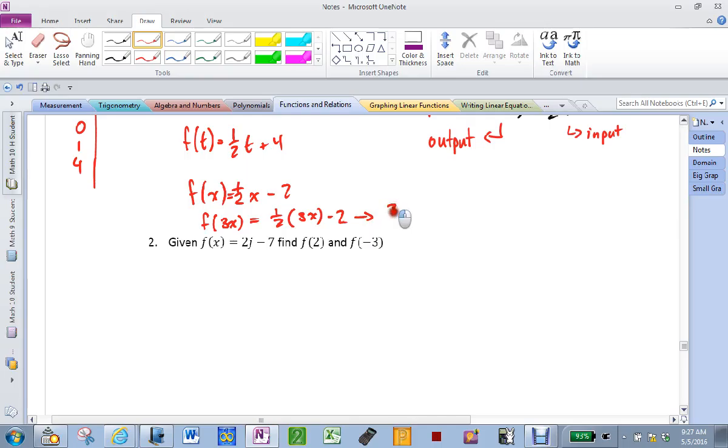Yes, of course, you would have 3/2 x minus 2, and that would be your output. Does everyone get it? Whatever's in the brackets is your input, no matter what it looks like. Everybody cool? Right now, it makes no sense, but it will in a moment.